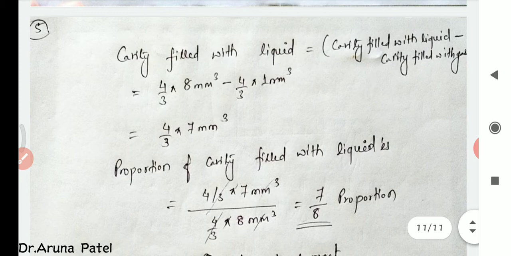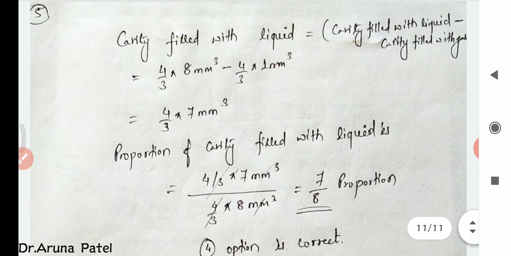Now the volume filled with liquid equals the cavity volume minus the gas volume. So the cavity's volume is 4 by 3 pi times 8 mm cube, minus the gas cavity's volume, 4 by 3 pi times 1 mm cube. On simplifying, you get 4 by 3 pi times 7 mm cube.